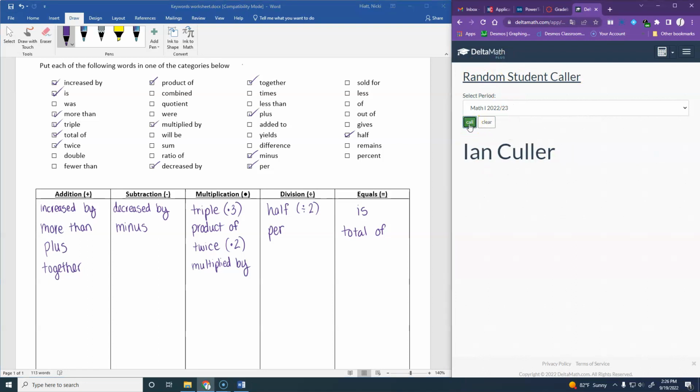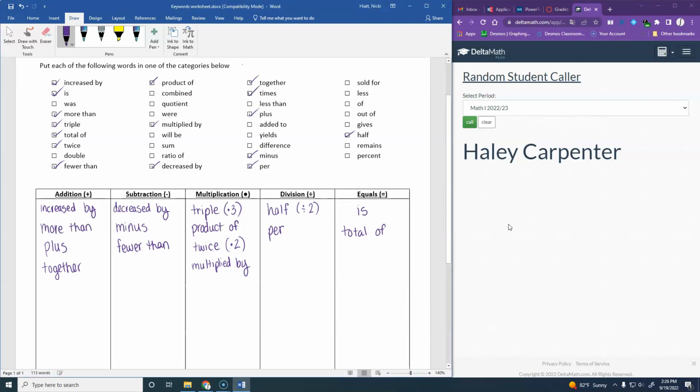All right, Ian? Fewer than is subtraction. Good. Fewer than subtraction. All right, Haley. Good. Times will be multiplication.